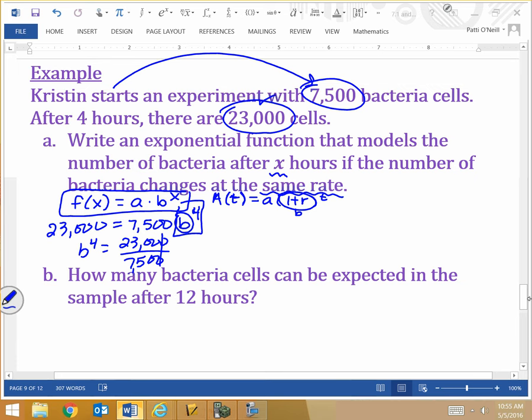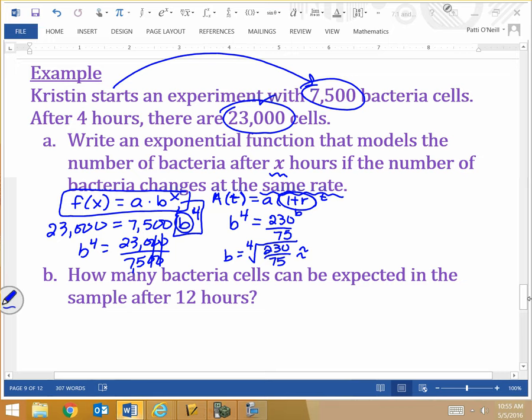I could take a couple zeros off of there. So b to the 4th is equal to 230 over 75, and I can probably reduce that even further. But I'm going to say that b will be equal to the 4th root of 230 over 75 and get that on my calculator.